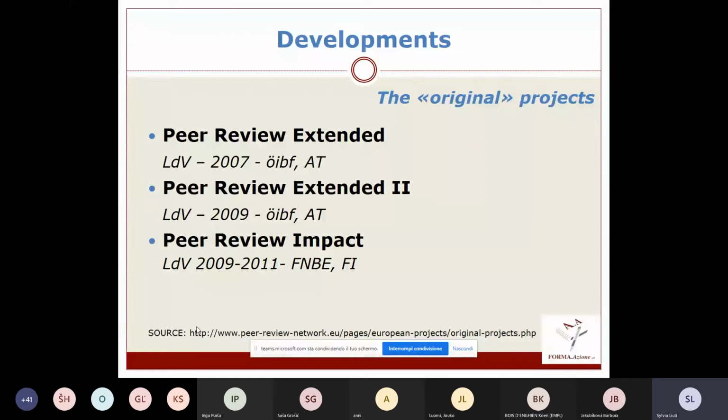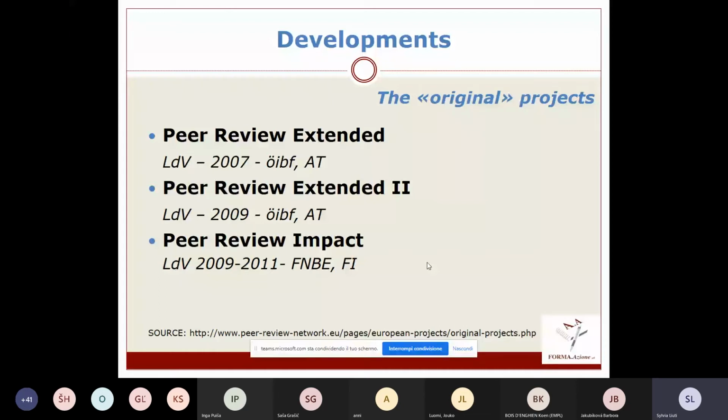So after this first project, as mentioned on the European peer review network website, there were some other projects. Peer Review Extended was addressing other countries, for instance, Germany, and also Hungary and Spain, defining different scenarios at national level. And Peer Review Extended 2 was also addressing the Czech Republic, Turkey, and Slovenia, and also delivered the first European peer review training, so always a step forward.